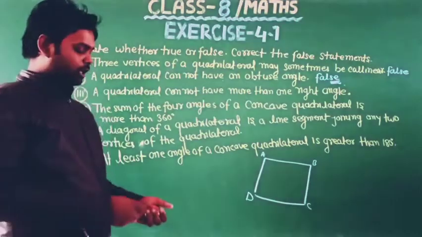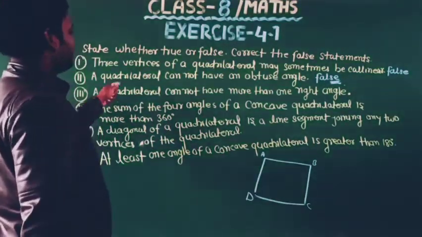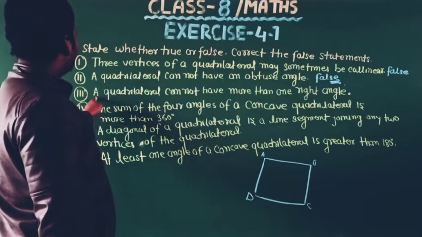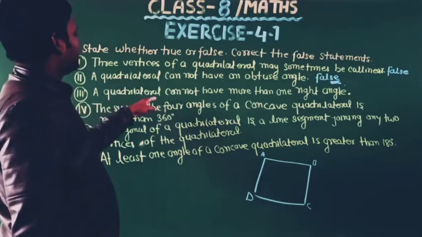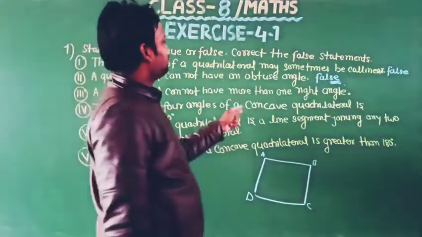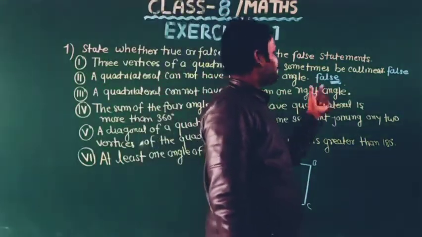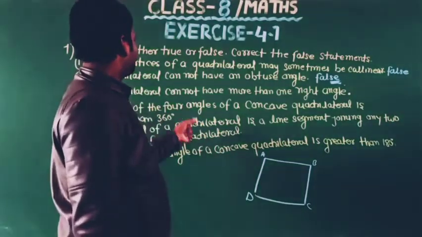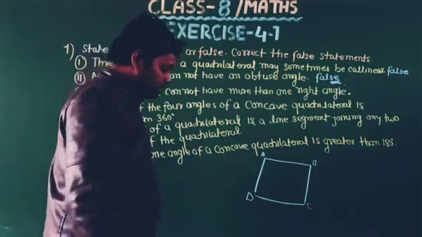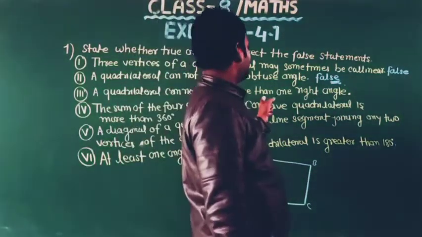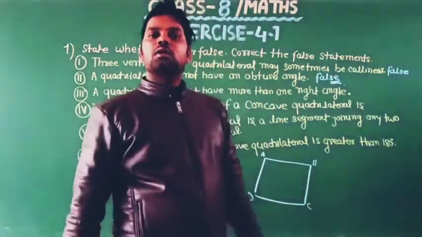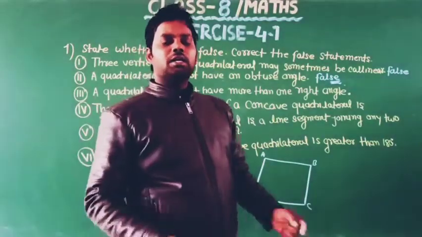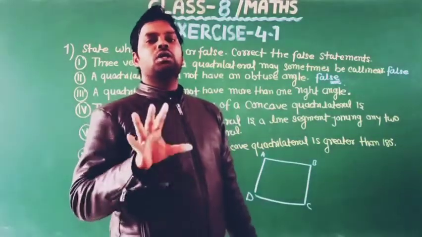Now move to the third statement. It is given that a quadrilateral cannot have more than one right angle. A quadrilateral can have one or more than one right angle.